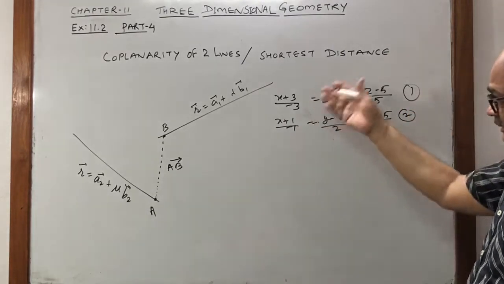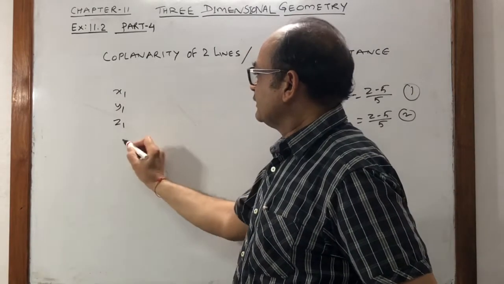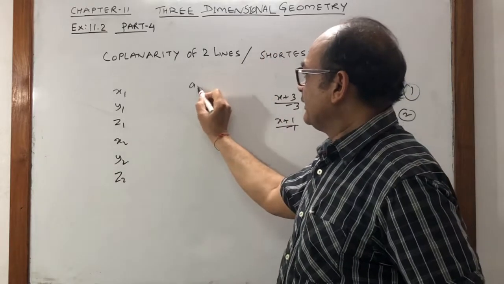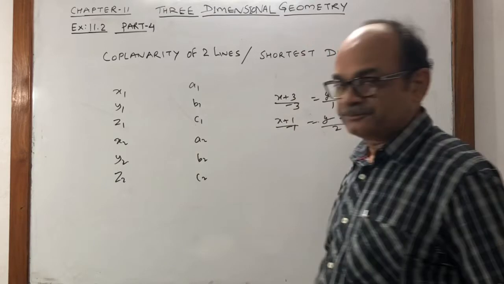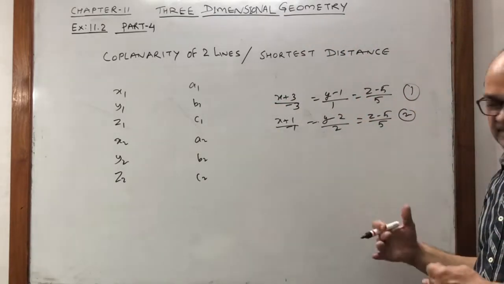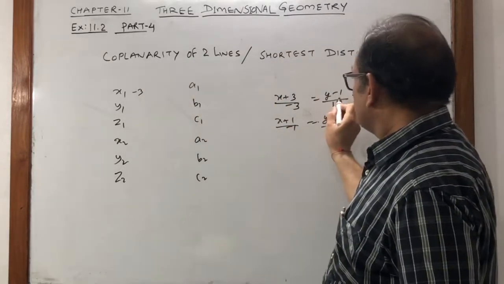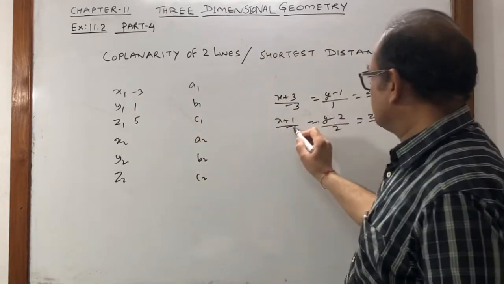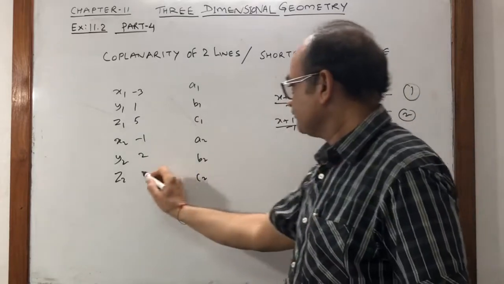So simply apply the values x1, y1, z1, then x2, y2, z2 and a1, b1, c1 and a2, b2, c2 in the determinant form. First x1 is 3, y1 is 1, z1 is 5, x2 is minus 1, 2 and last 5.